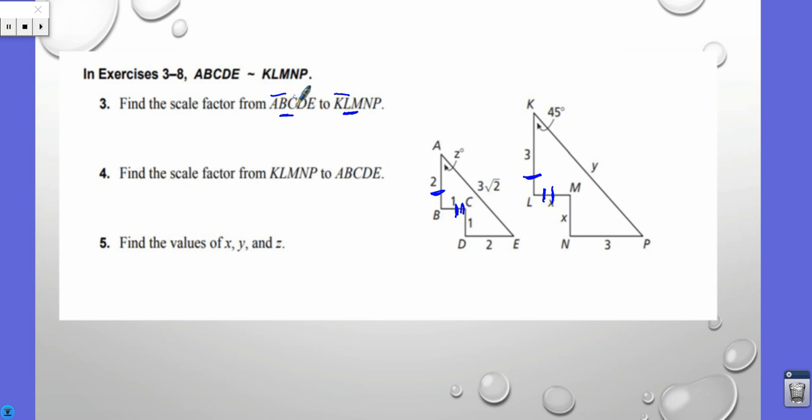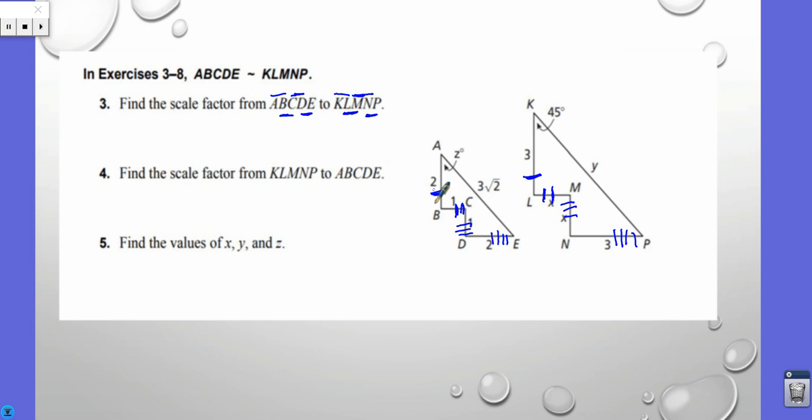And then CD should match MN. And then DE should match NP. And we got it. So I marked all the sides that matched so that when I get ready to find my scale factor, all I have to do is write a ratio.